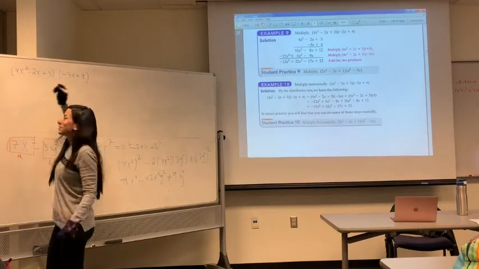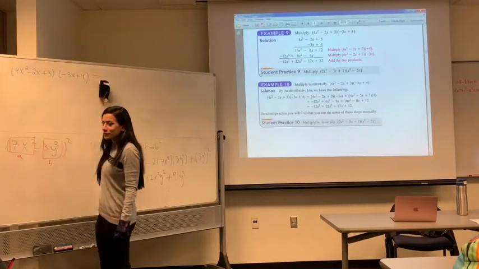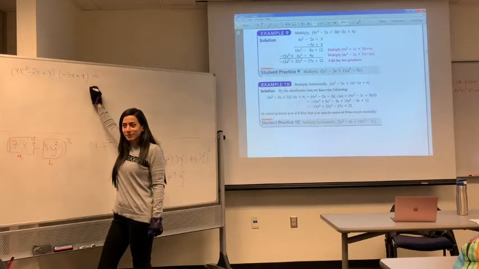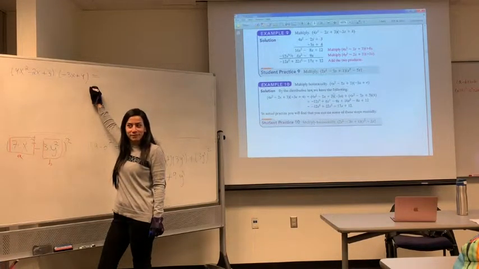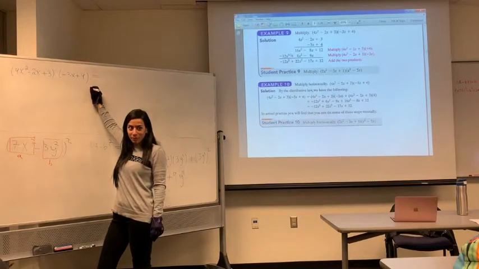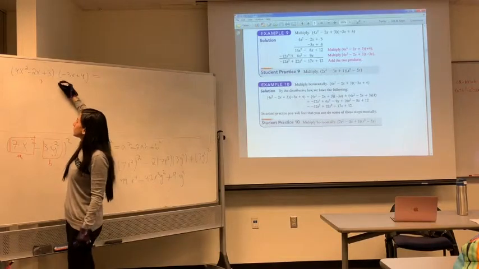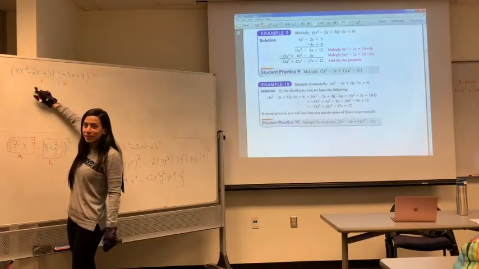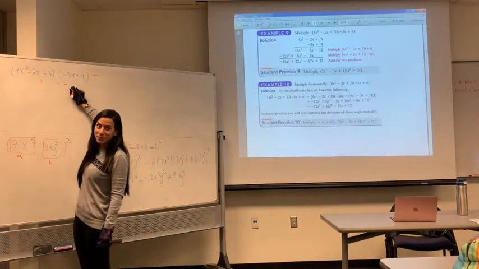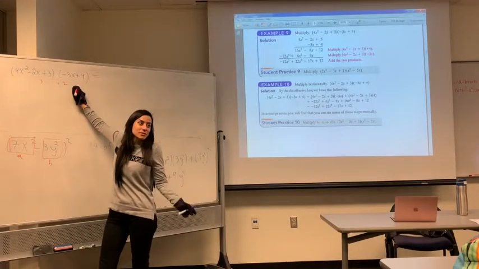So how many terms should you have after you multiply them? 6, before simplifying, before combining, right? 3 terms multiplied by 2 terms give you 6 terms.